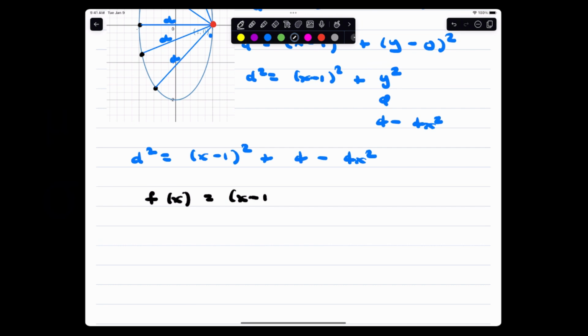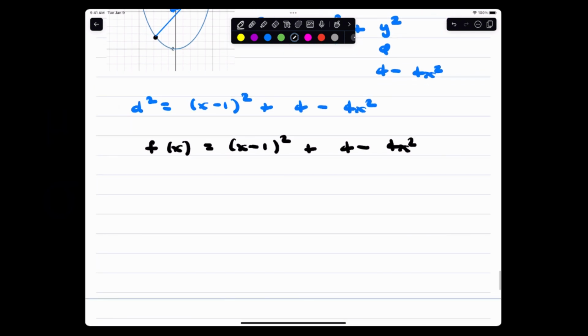This is a single variable x. So what you're going to end up doing is not optimizing D, because we're going to have to now optimize f. We got rid of the square root.